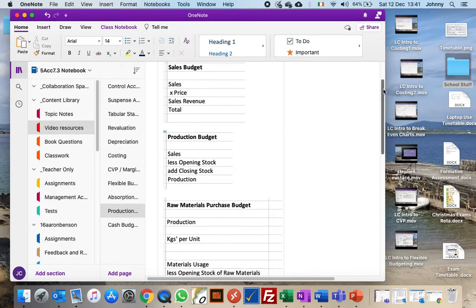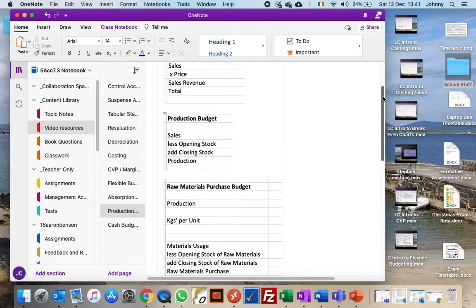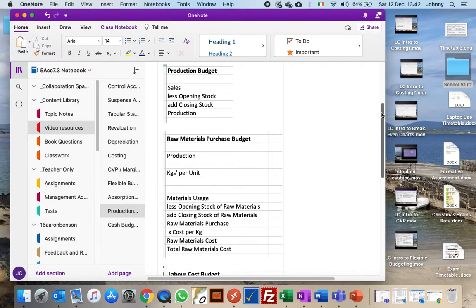So we start off with looking at how much we will spend on raw materials. So we start with our production and we say, if we're going to produce 10,000 units, how many kilos or meters or liters, depending on what product we're making, go into every unit that we're going to produce.